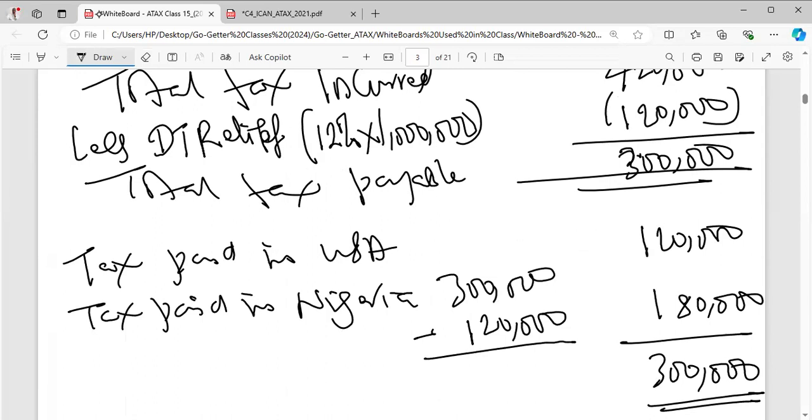But if half of Nigerian tax happens to be smaller, then you will have to use half of Nigeria. So by no way will your DTA or DT relief be bigger than half of Nigerian tax. That's the point we are making here.